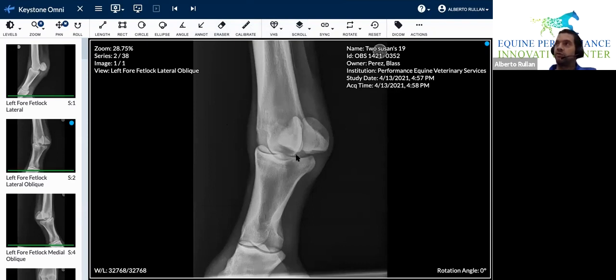And then you read both condyles. Then you go all the way to the cannon bone. Once you're done with the cannon bone, don't forget the splint bone because you're going to find some fragments or fractures over here. Then you go to the sesamoid, in this case the lateral sesamoid. Then you go to the other sesamoid. Then you go to the P1, and then you go to the dorsal surface of P1.